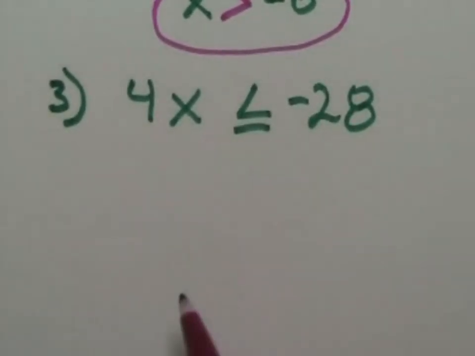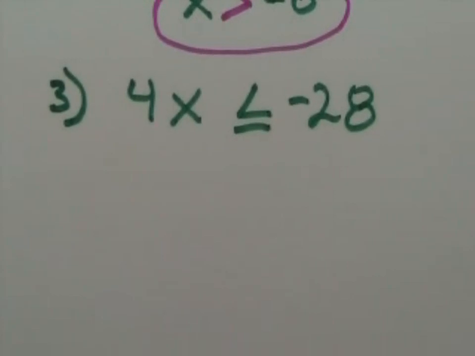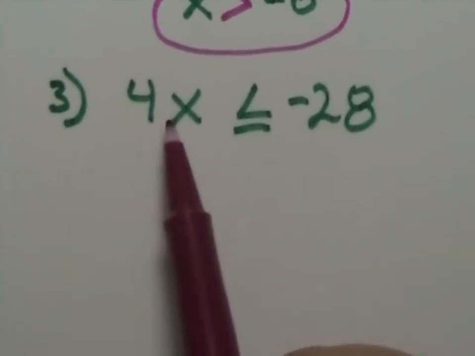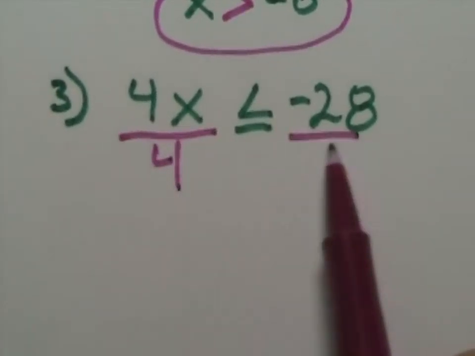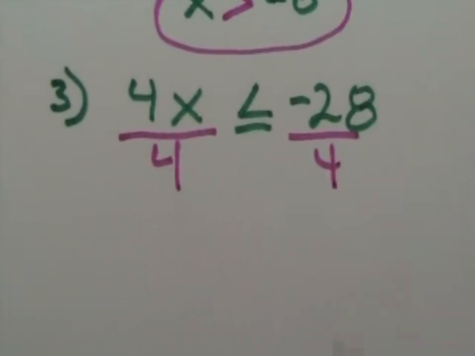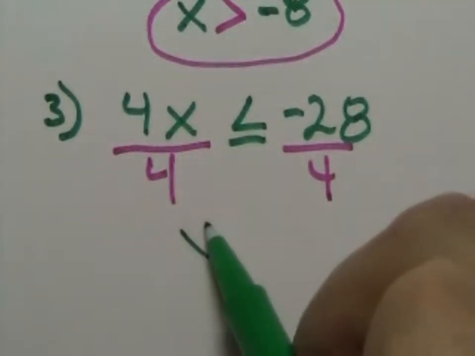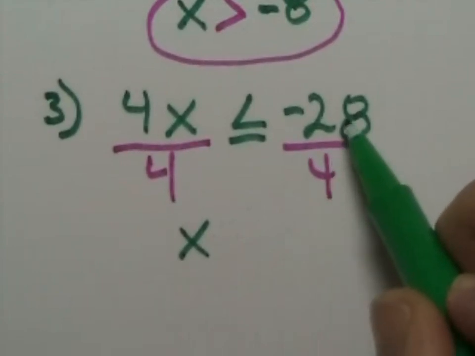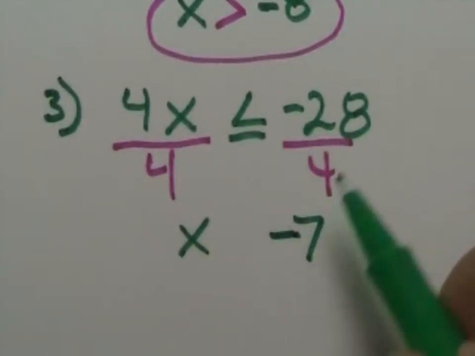Okay, number 3, I want the variable alone. That's 4 times, so I'm going to have to divide by 4, both sides. So that gives me x. On this side, 4 goes into 28, 7. There's one negative, so it's negative.